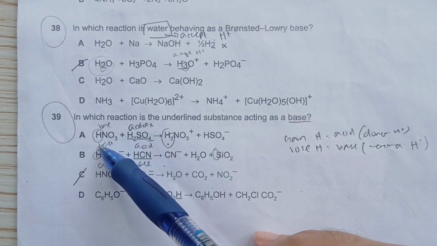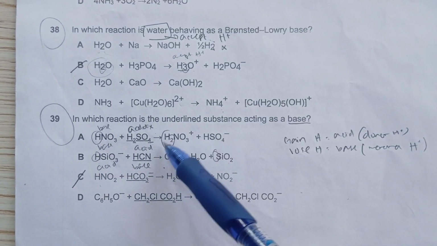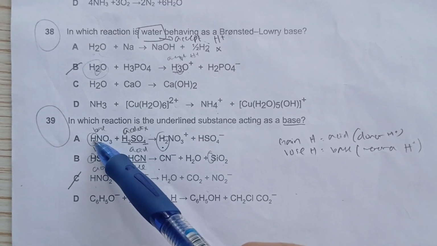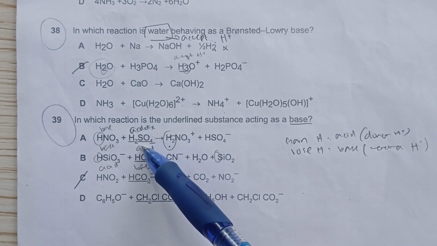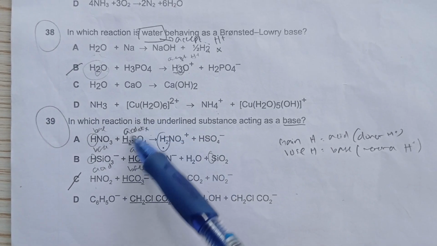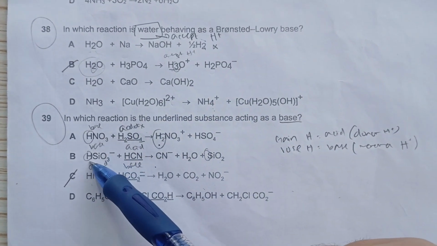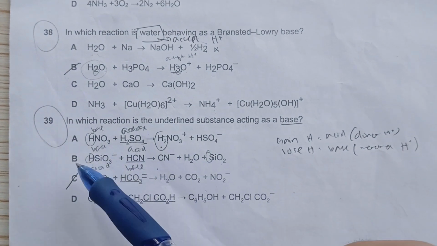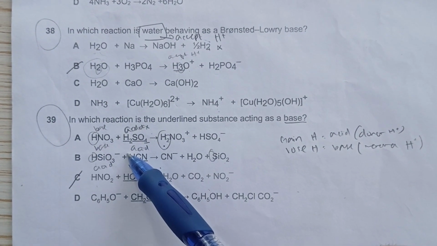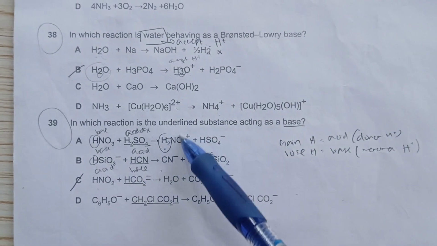It means this molecule gained another H, so it became H2. It means it is acting as a base, and then this is the acid. So option A is wrong. How about B? This is H, and there's no H in here, so it lost H. So it's an acid, and this is the base, so it's wrong.